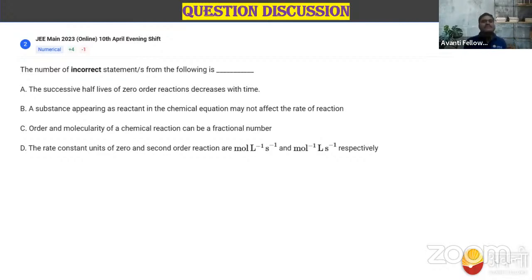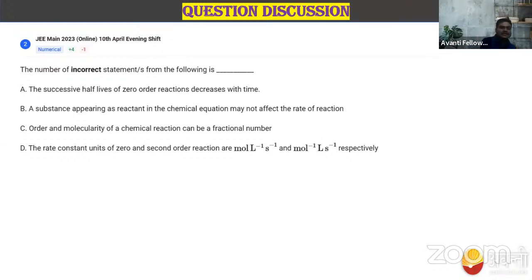The successive half-life of zero-order reaction decreases with time. A substance appearing as a reactant in the chemical equation may not affect the rate of reaction. Order and molecularity of the chemical reaction can be a fractional number, and the rate constant unit of zero order is this.